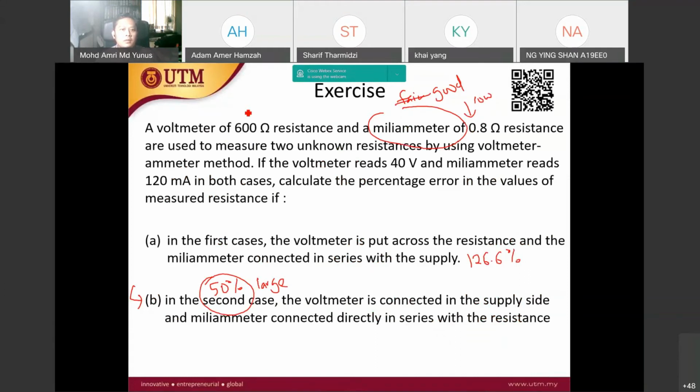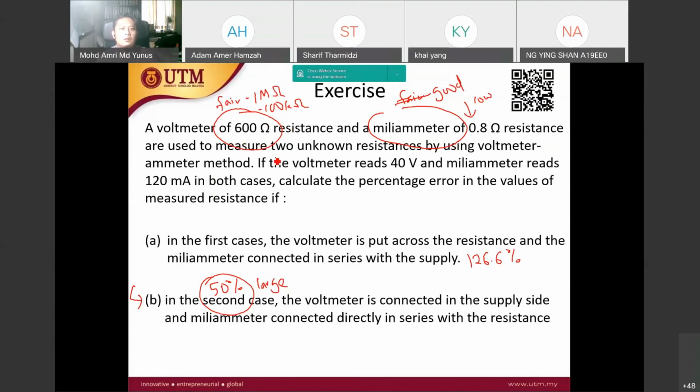But for the voltmeter, we'll say it is fair. For a good voltmeter it should have like 1 megaohm or 100 kilo ohm, in that range. The 600 ohm is low.